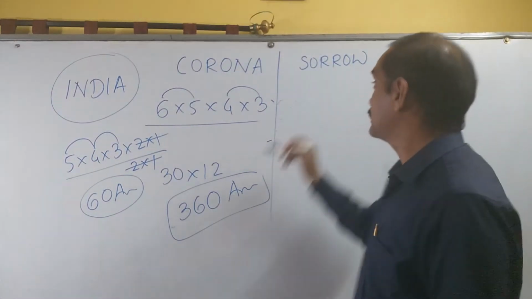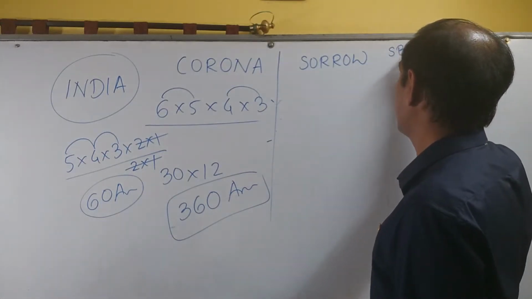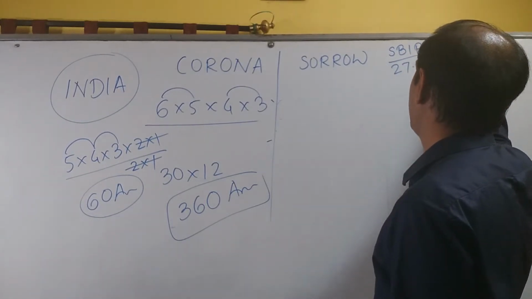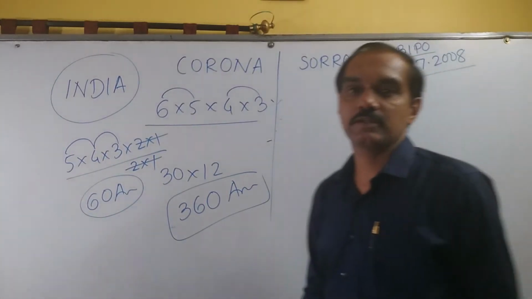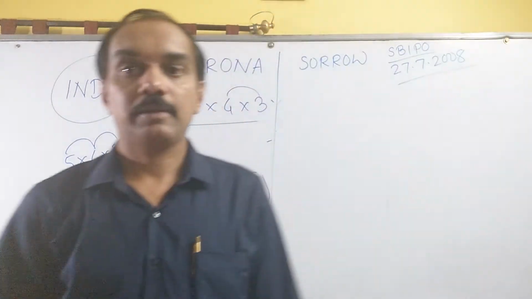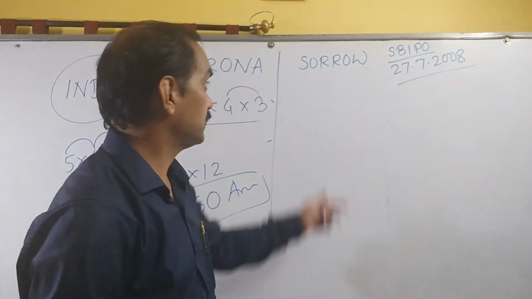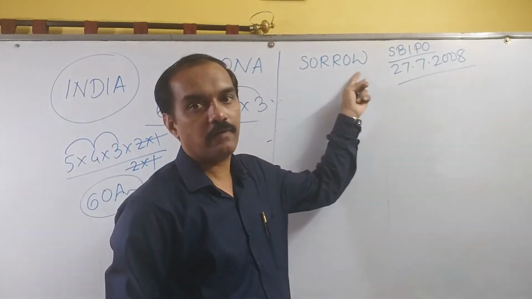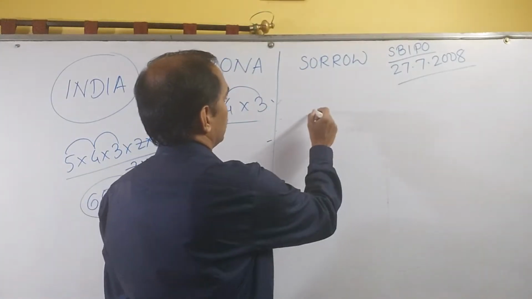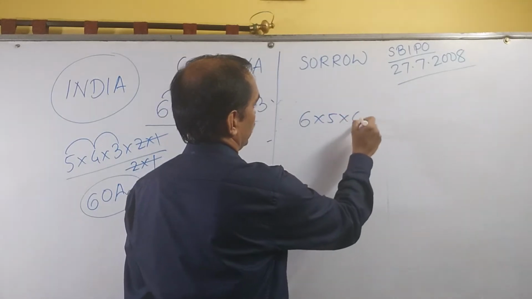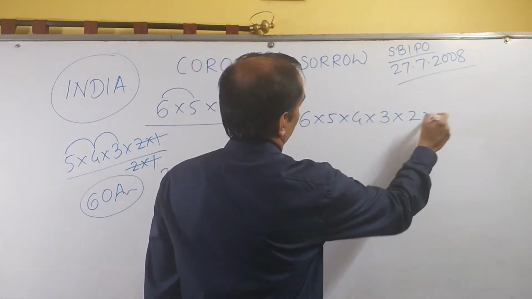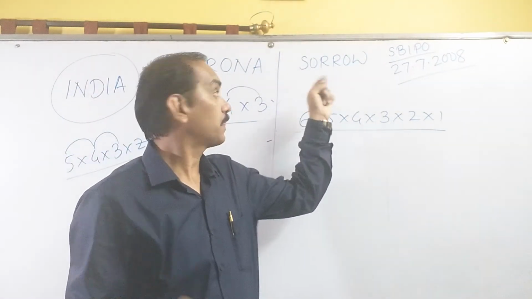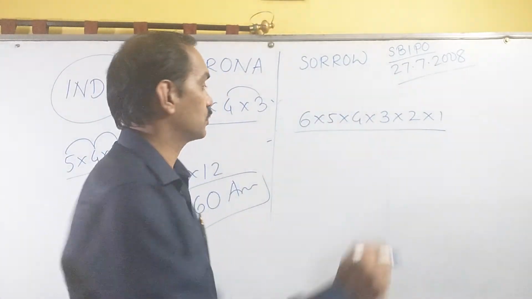This was asked in the State Bank of India Probationary Officer exam in the year 2008, on 27/7/2008. Here, the number of letters: 1, 2, 3, 4, 5, 6. 6 letters are there. Start with 6: 6, 5, 4, 3, 2, 1. Coming to the repetitions, S is not repeated, forget it. O is repeated 2 times, so 2 into 1.